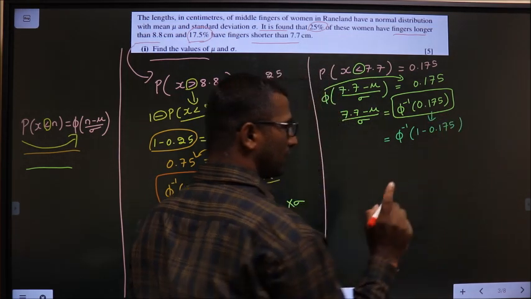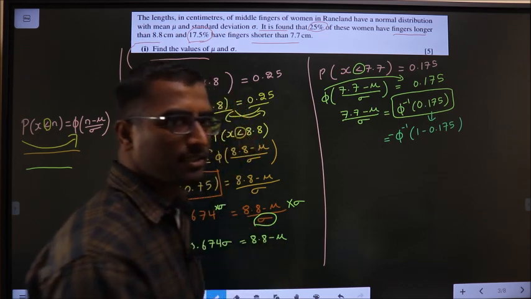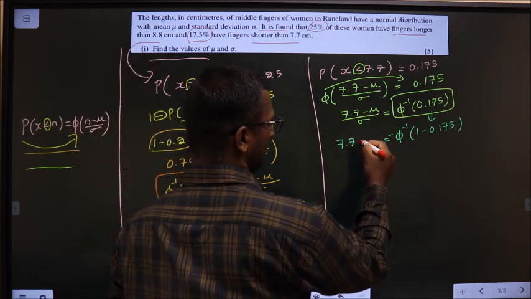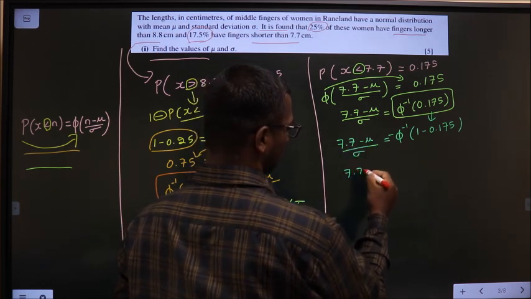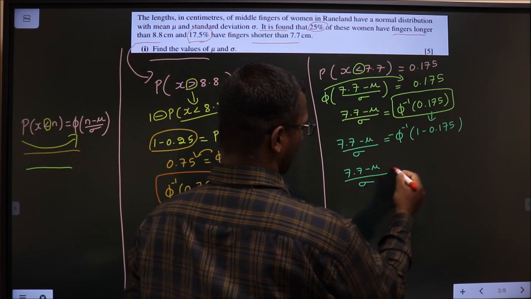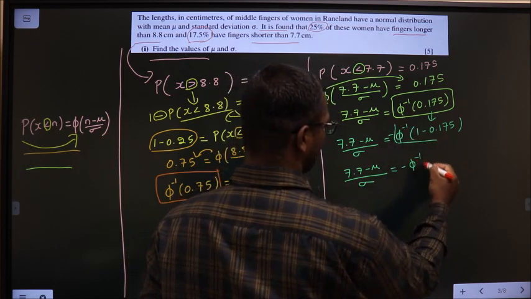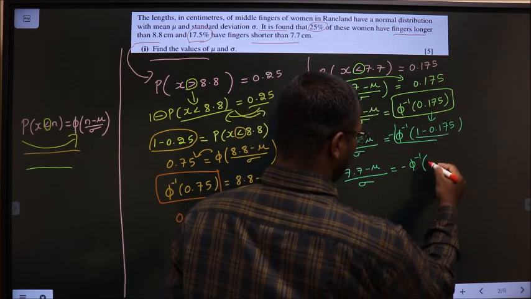Inside, whenever you are doing 1 minus, outside you should put a negative sign. It is a rule. Equal to 7.7 minus mean by standard deviation. Next. Now, minus phi inverse of 1 minus this, you will get it to be 0.825.